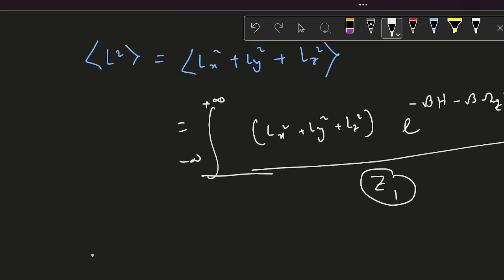So first of all, for our convenience, you can always break it down into separate summations. That is, Lx squared into the whole thing, plus Ly squared into the whole thing, plus Lz squared into the whole thing.